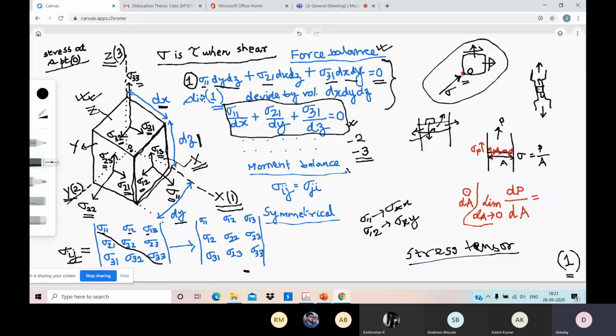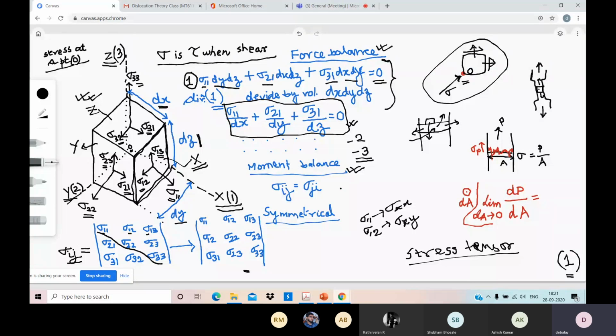What is the second criterion? The second criterion is moment balance. If you do a moment balance with respect to any major axis, axis 1, axis 2, axis 3, then the net moment with respect to any major axis will be 0. Moment will be balanced.